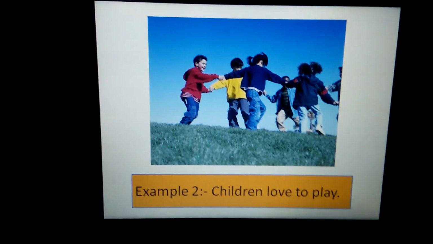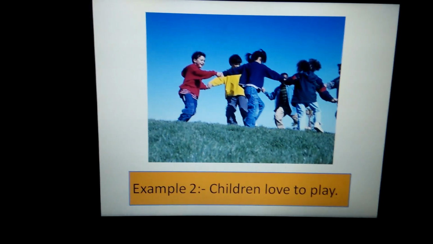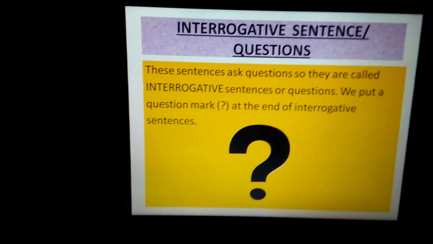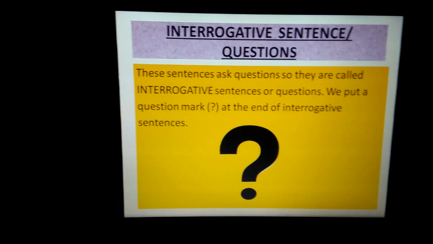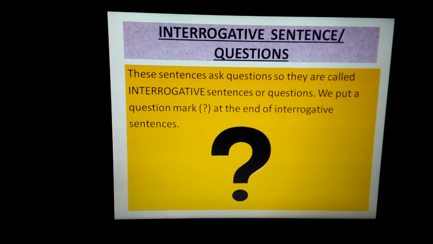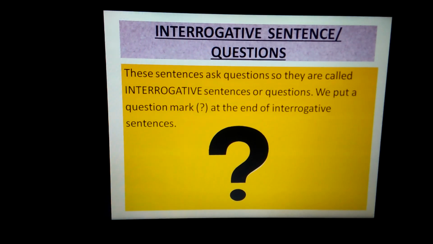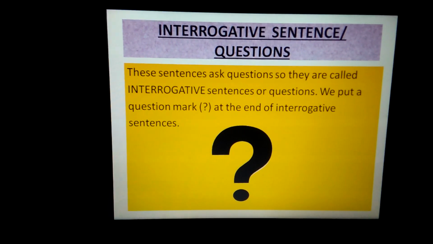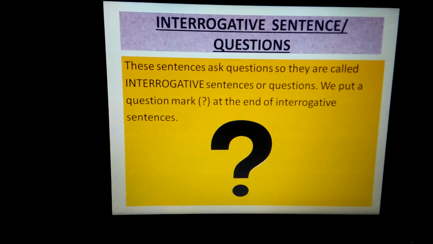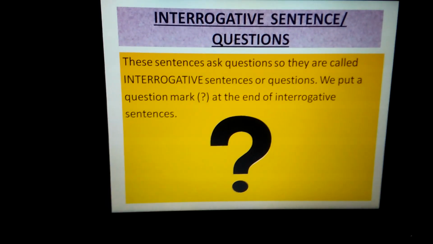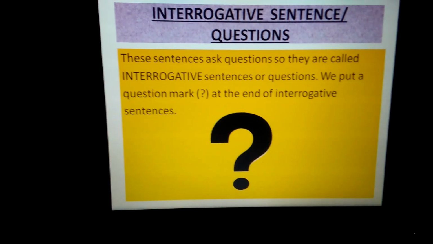Now let's move forward to the other kind of sentence, that is interrogative sentences. They are also known as questions. These sentences ask questions. Mostly they start with WH words like what, when, where, which. So these are called interrogative sentences or questions.